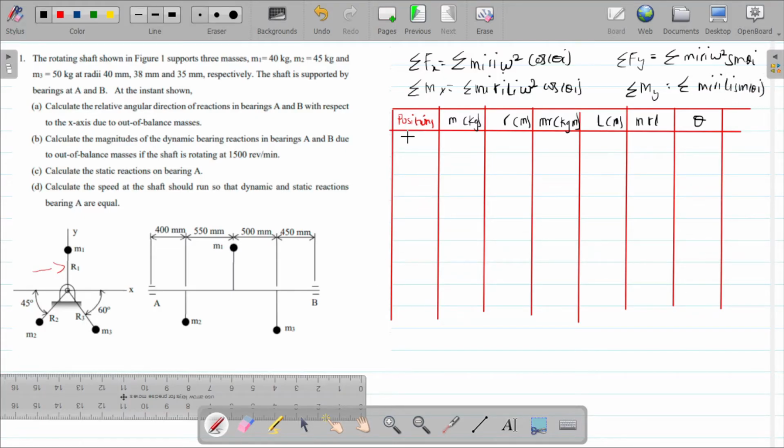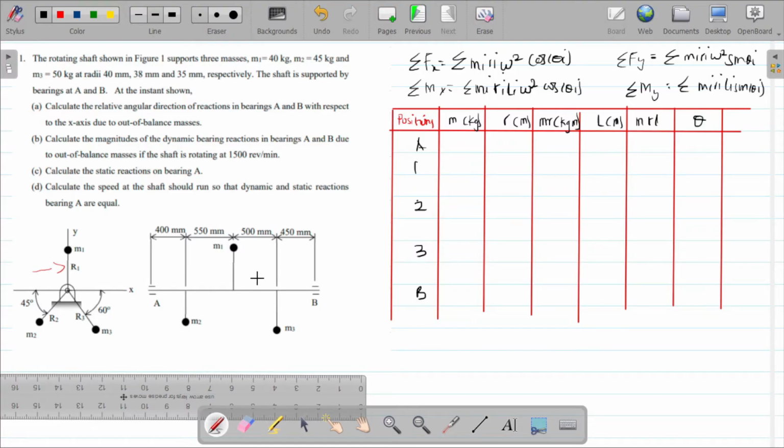So the positions we have are at A, at 1, at 2, at 3, and then at B. Now A and B are just bearings, so they are going to experience some amount of force from the unbalanced mass, the dynamic unbalanced forces from M1, M2, and M3.